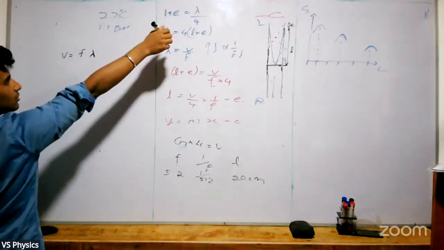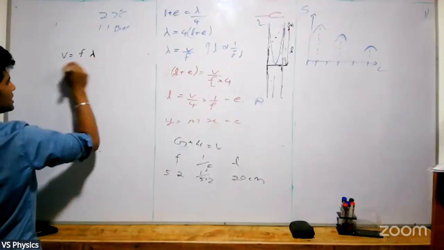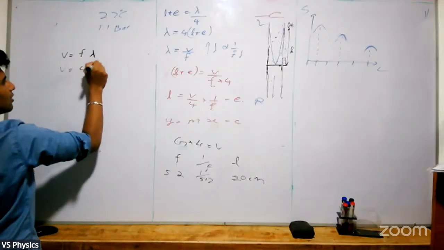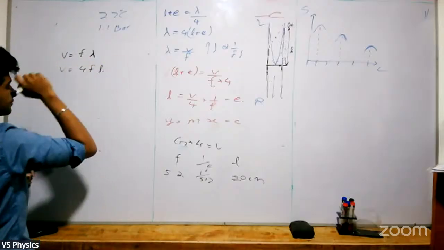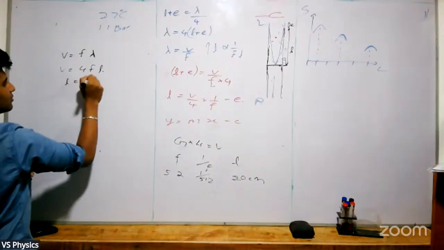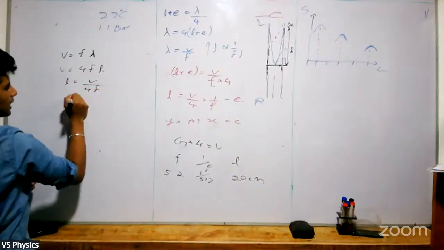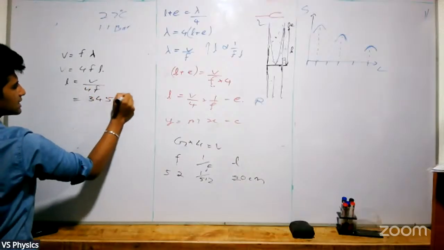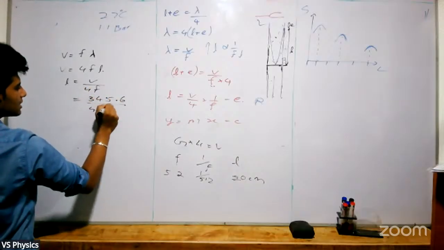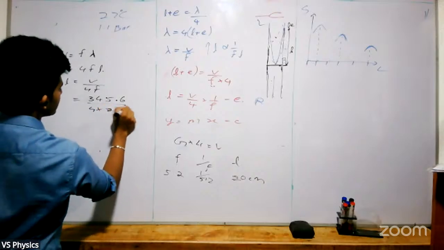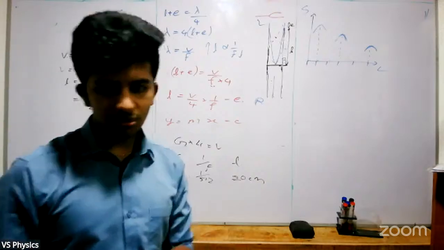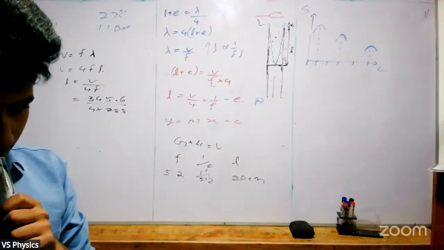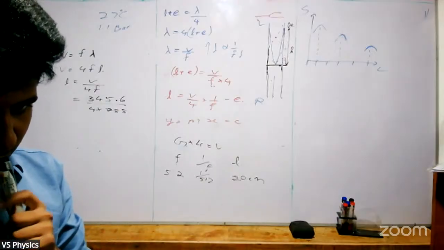Lambda is equal to 4L. So we can write V equals F times 4L, so L is equal to V divided by 4F. Velocity is 345.6, and 4 times 288, the lowest frequency.